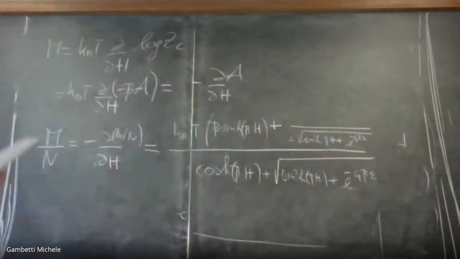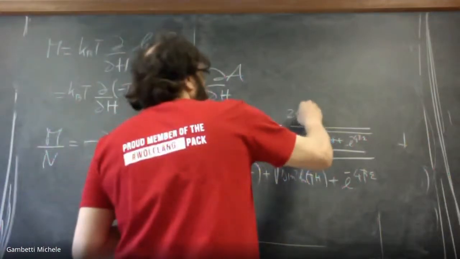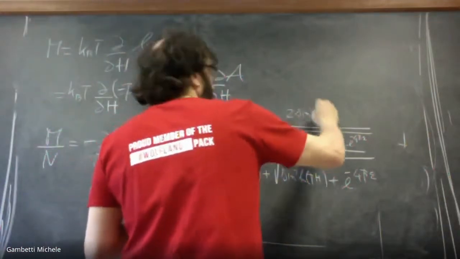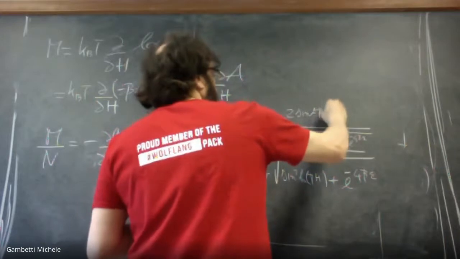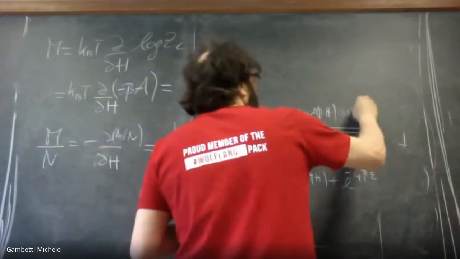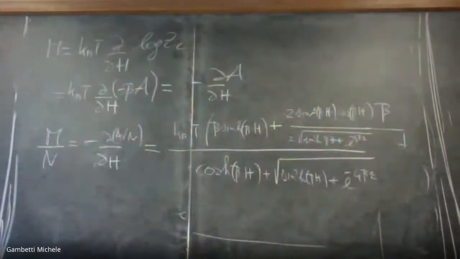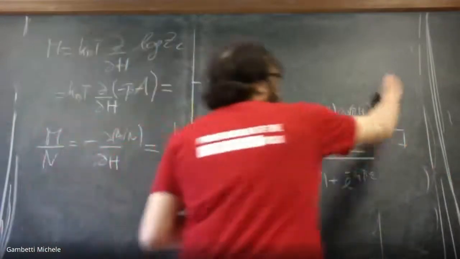I'm just computing the derivative. And here in the numerator I have 2, the sinh of beta H, and the cosh beta H times beta. And I close here.